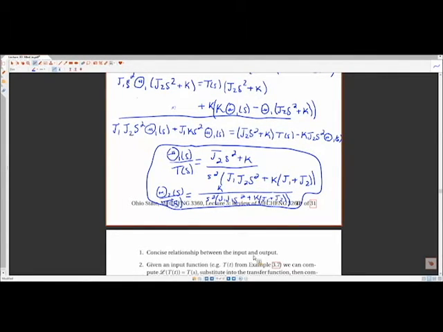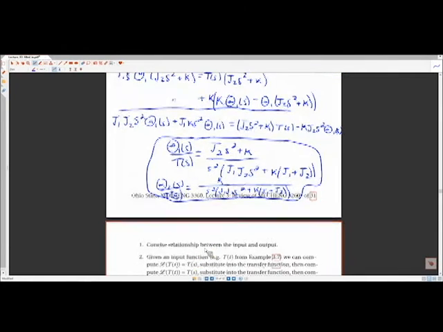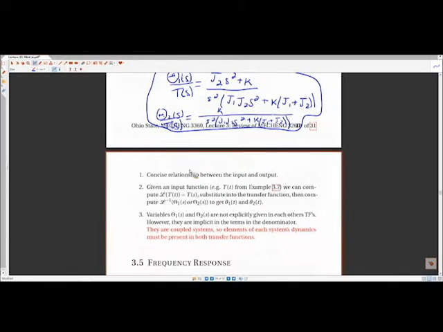Okay. So then there's just some summary material here, just summarizing the transfer function: it's a concise relationship between the input and output. And then basically, given your input torque, you could relate these to your output displacements for each of the inertias.